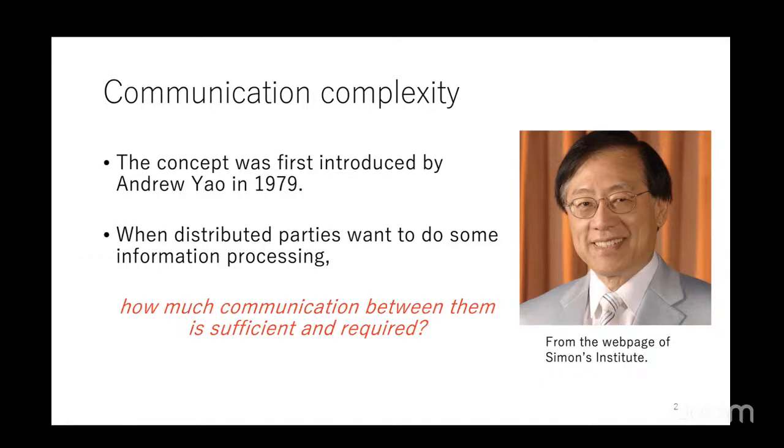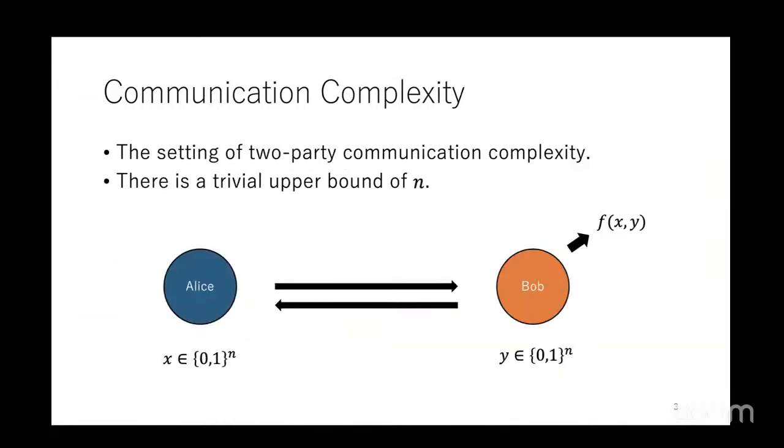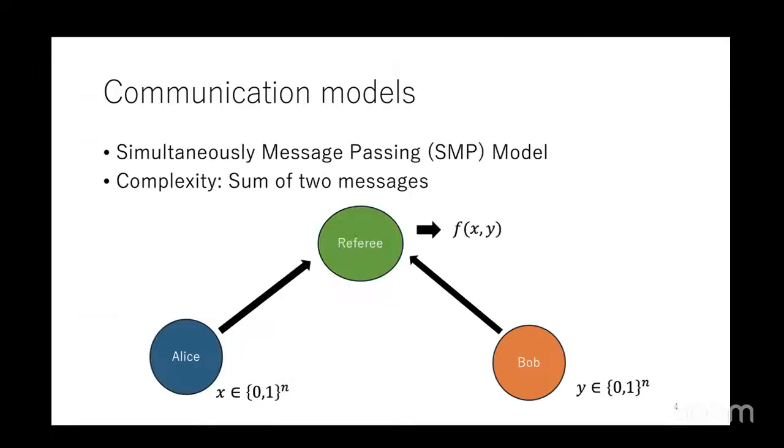Communication complexity was introduced by Yao in 1979, and the objective of the field is to identify the minimum amount of communication to solve some problem in a distributed setting.